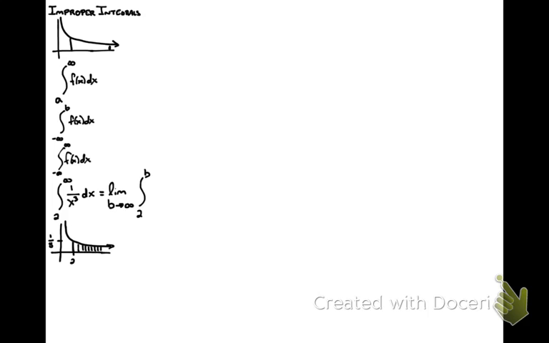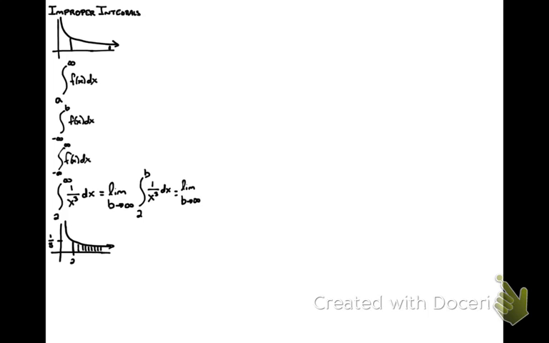It's very important to note that since we're dealing with the limit process, you must write the limit as b goes to infinity down. And you must continue to write it until you actually take the limit of some expression. Now I have this definite integral from 2 to b, and so I'm still dealing with the limit as b goes to infinity.